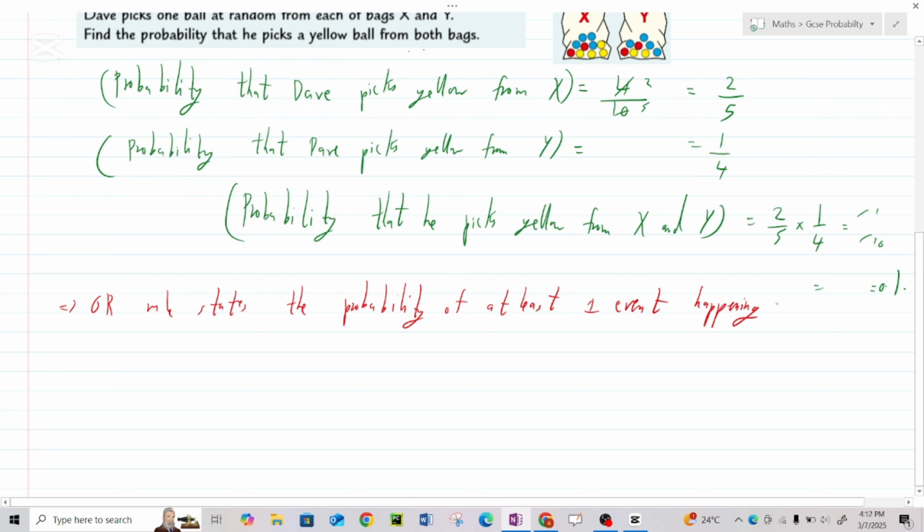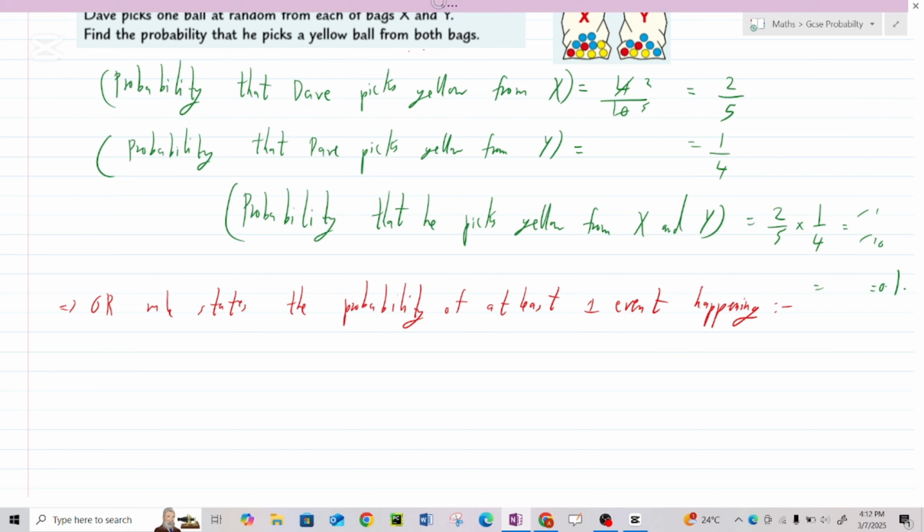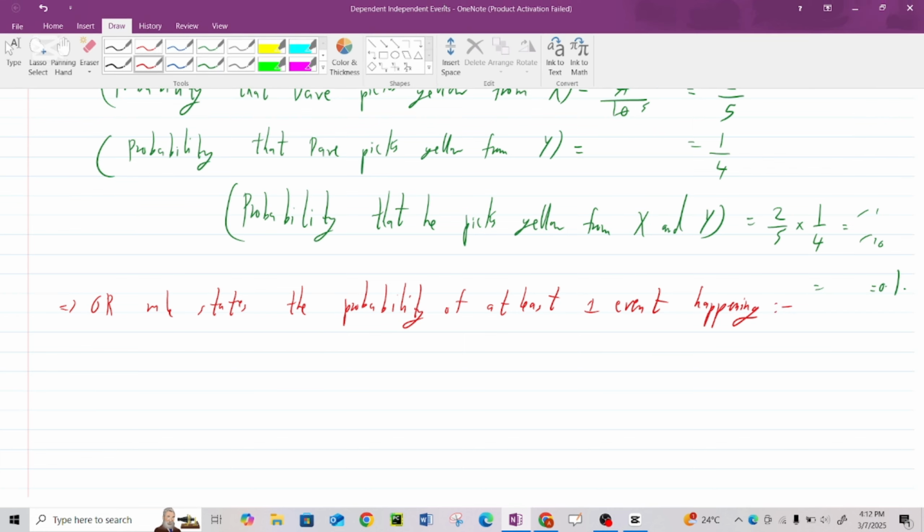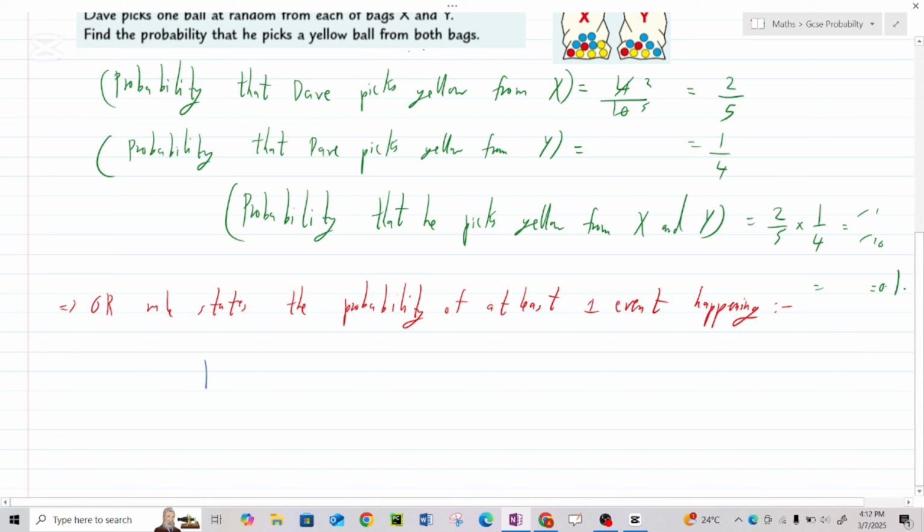So the formula in this case is, let me write it here. You have probability of A or B, so either one of them happens, is equal to probability of A plus probability of B, but not just yet, minus probability of A and B.